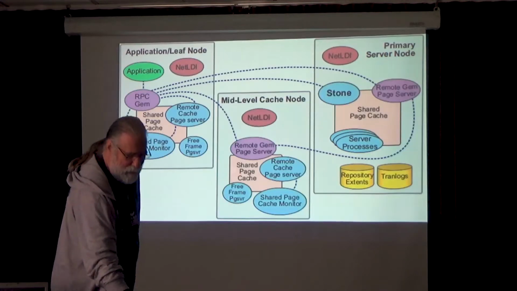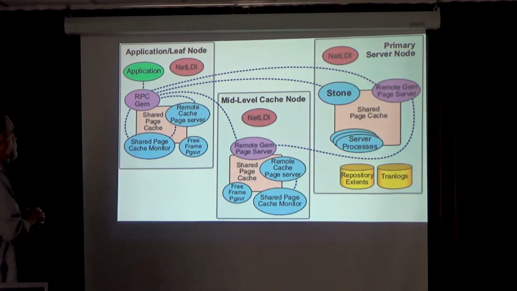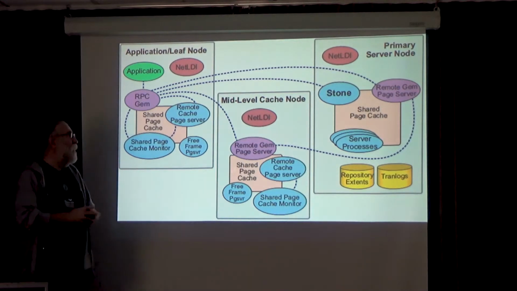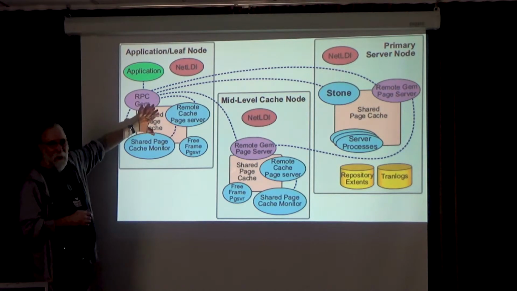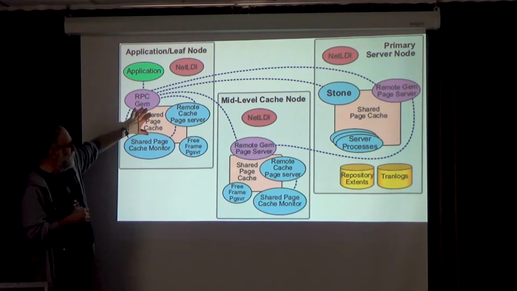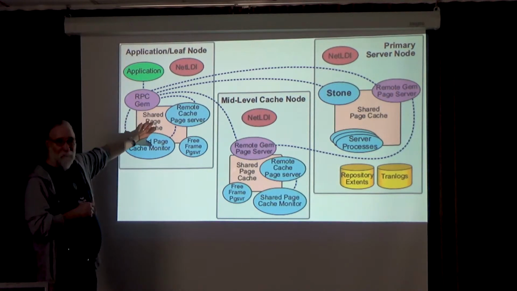And the next step up for us is when you have remote leaf nodes or multiple application nodes across a slow link.